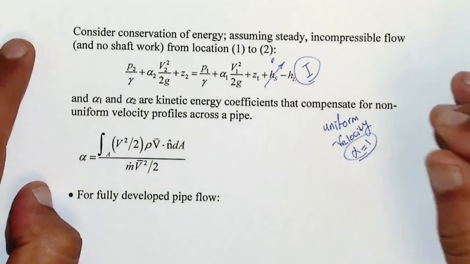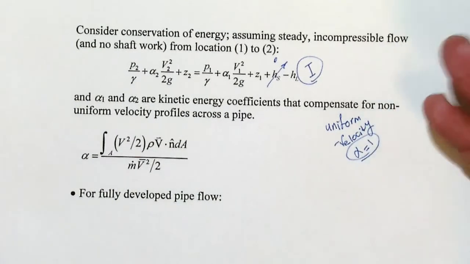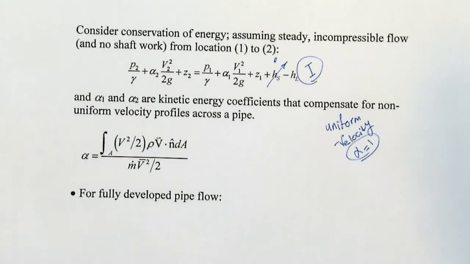That's why we didn't have this alpha before in our conservation of mass and momentum, and conservation of energy after that, because we were applying it on a very small part, dA, where you can assume that the flow is uniform.